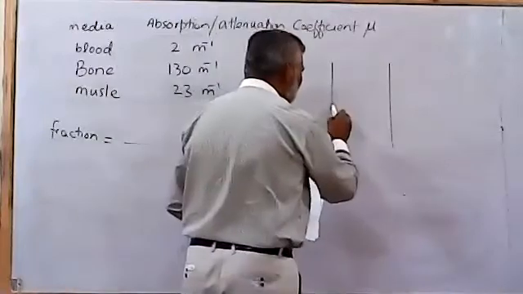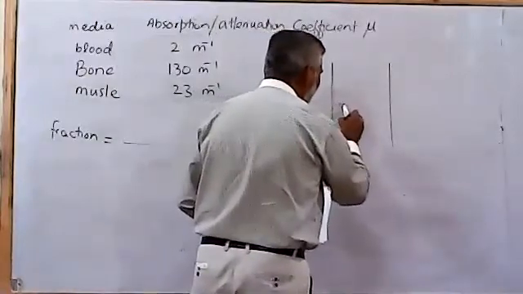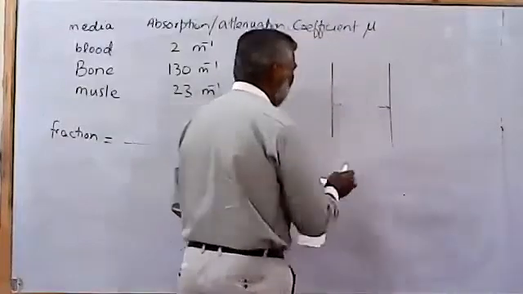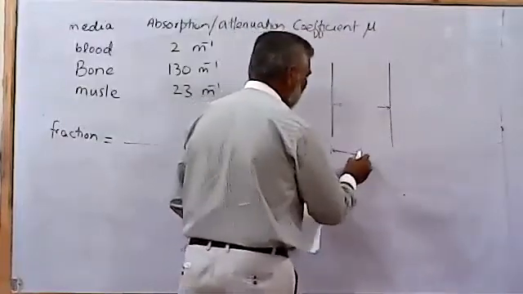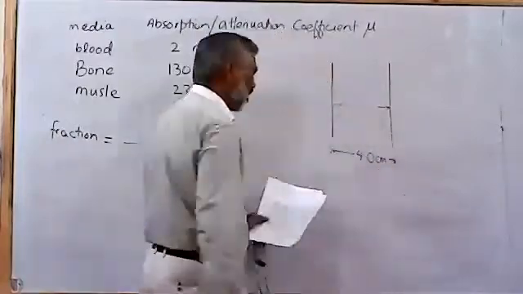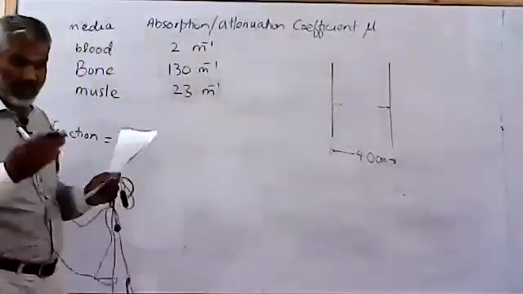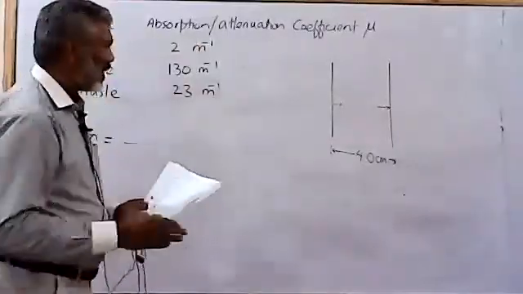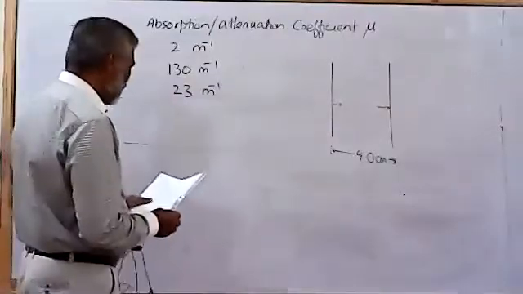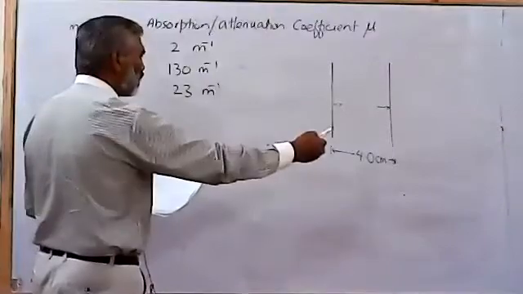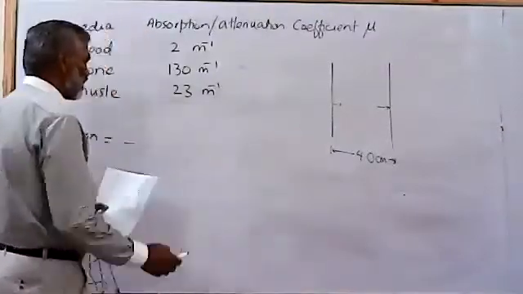Ultrasound enters this part and gets transmitted through and reaches the other end. Let's take the length 4 centimeter for this particular section of body which contains blood only. So what is the intensity that transmits through 4 centimeter of this section?